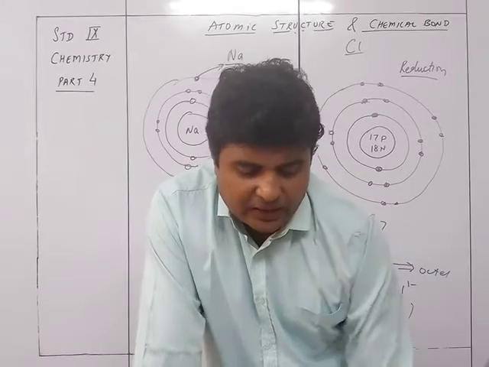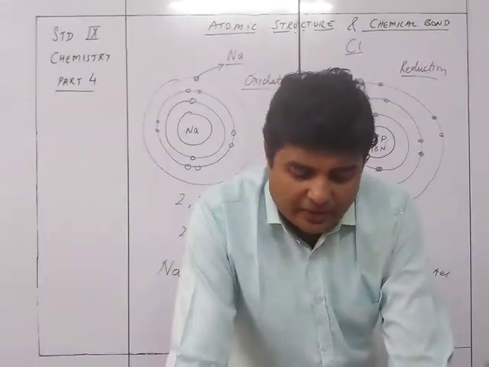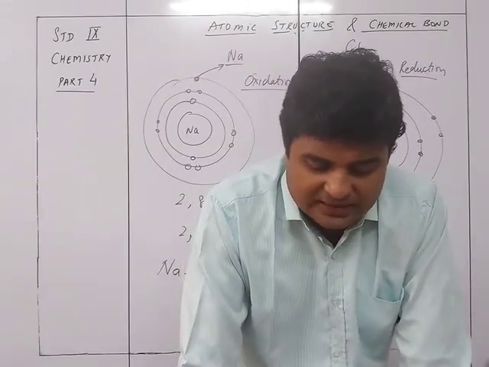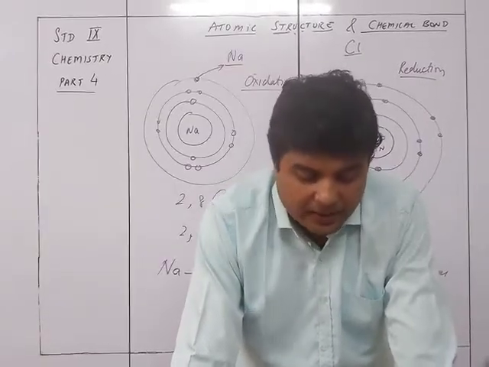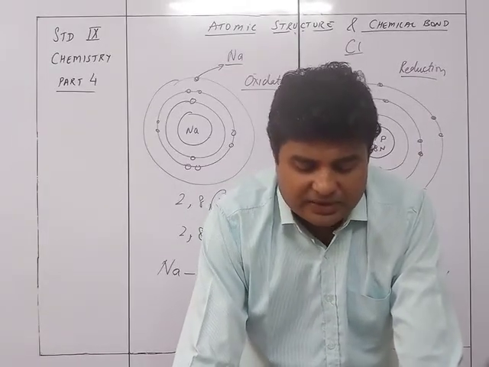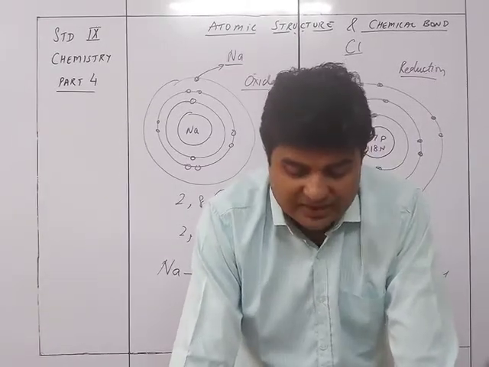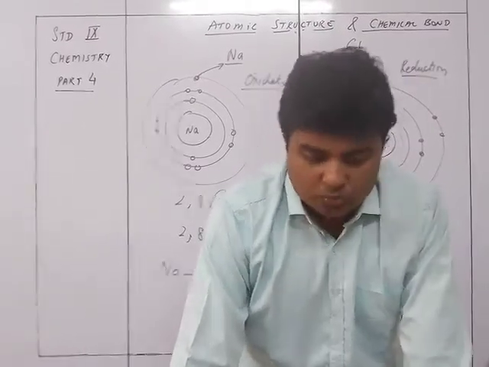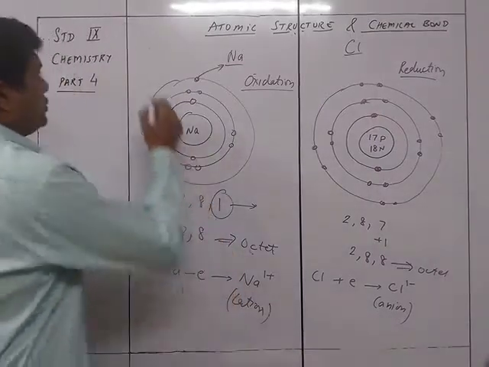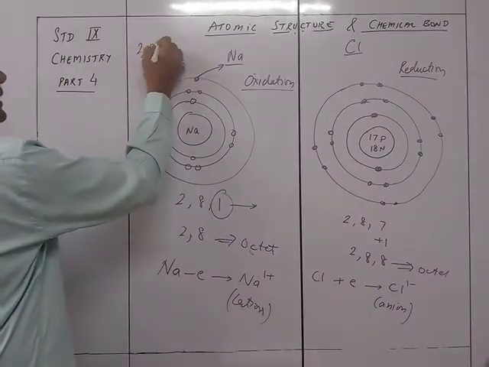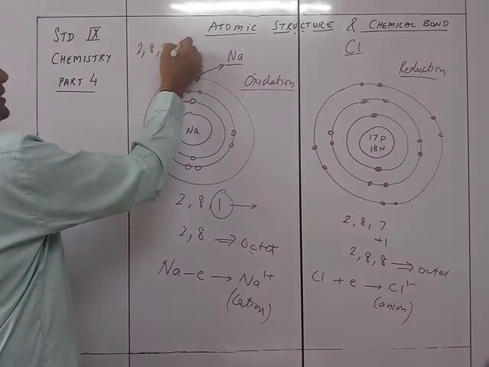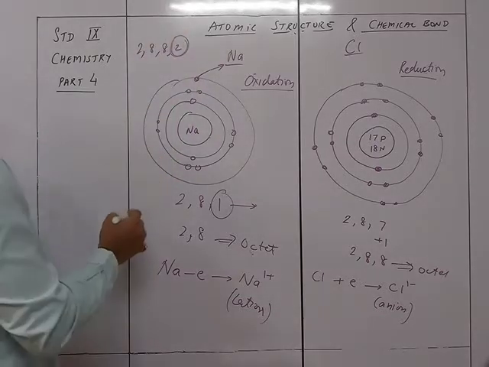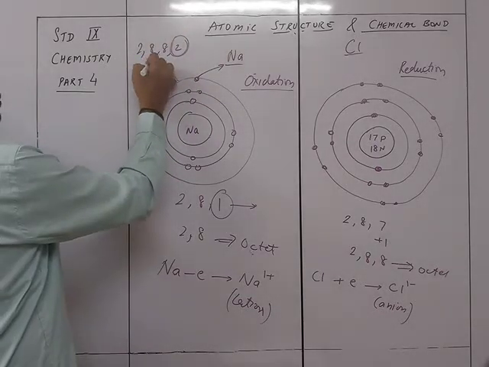So chlorine attains the stable octet structure of the nearest inert gas argon, 2, 8, 8, by gaining one electron in its valence shell, forming the Cl minus anion. Similarly, calcium is 2, 8, 8, 2. It is going to lose its 2 electrons, and so it will become Ca2 plus.